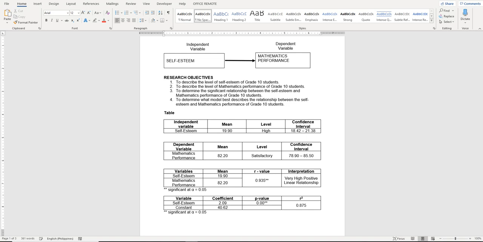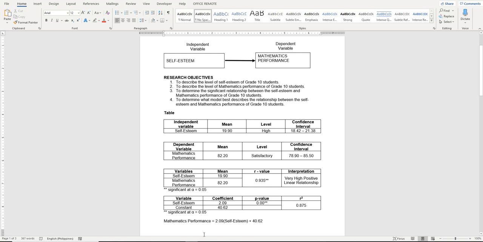The linear equation here is: the mathematics performance is actually 2.09 times the self-esteem plus 40.62.